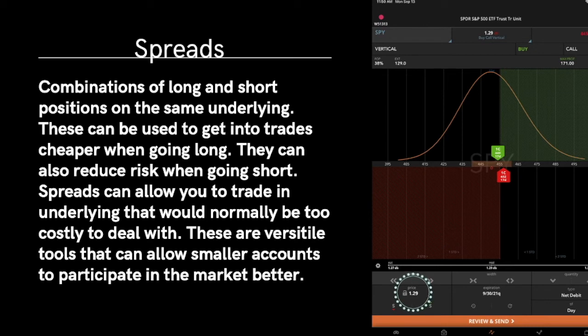This might allow me to buy just about 3 of these contracts for the same price I would pay to get into just one long call. This does limit my potential gain to the difference between the two strikes. So spreads can often let you play around in underlyings that would be prohibitively expensive for you to trade.